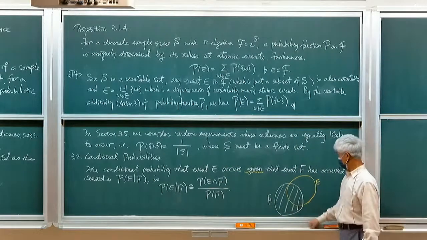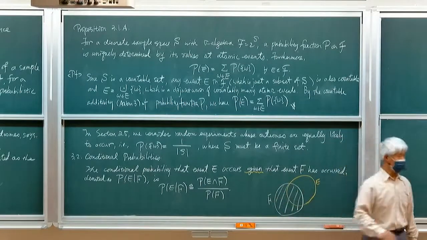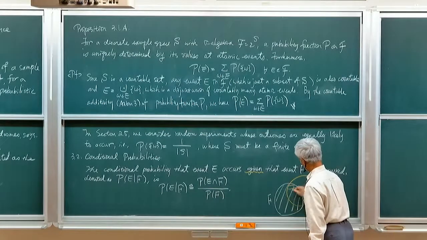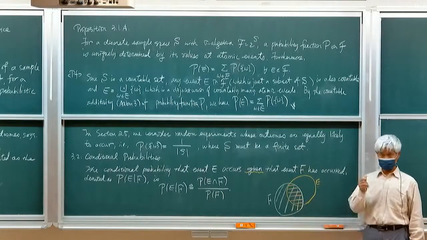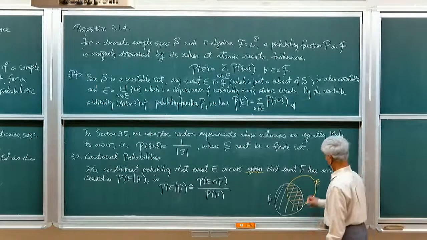So now, under F, E occurs. That means that one of the outcomes in this part appears as the result of the random experiment.